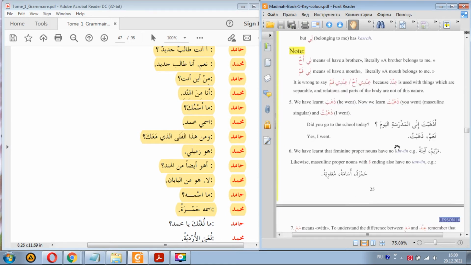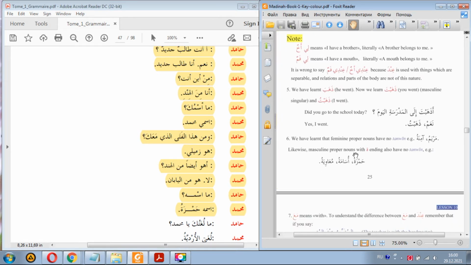Here it is. We have learned that feminine proper nouns have no tanween. Yeah, like Aminatu, Maryamu. And likewise, masculine proper nouns with ta marbuta ending also have no tanween, like Hamzatu, Usamatu, Muawiyatu, because names that have ta marbuta in the end look like feminine words, like they have feminine properties.